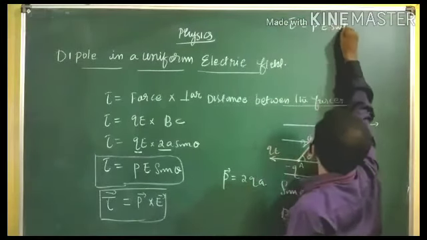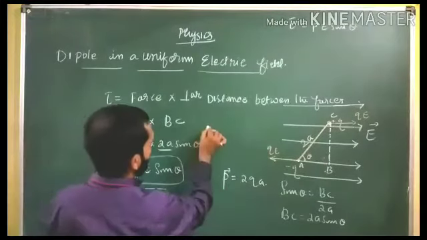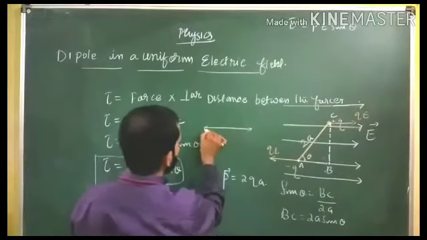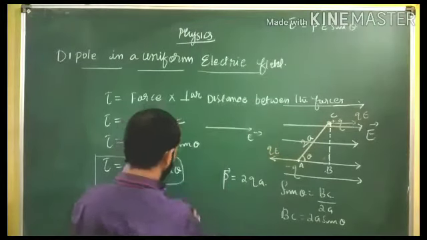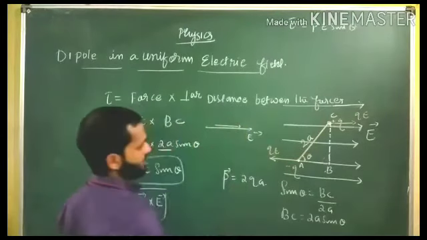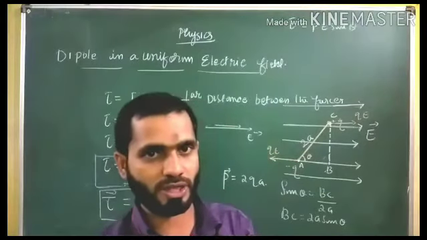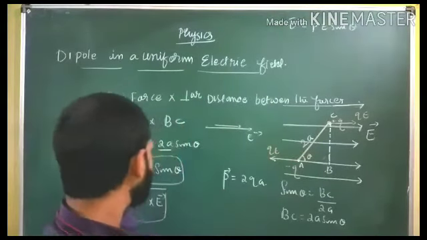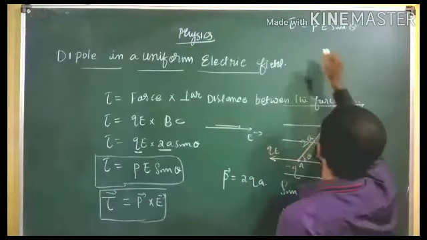Now see, if the dipole is placed along the electric field, if this is the electric field and the dipole is placed like this along the electric field, then the angle between these two becomes 0 degree, and in that case sin 0 equals 0.